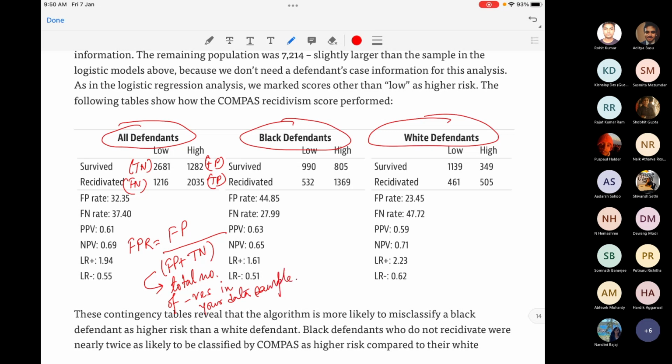If you calculate that for the entire data, it comes out to be 1282, which is close to 32.35%. Now, if you compute the same value for the black defendants, it comes out to be 44.85%.